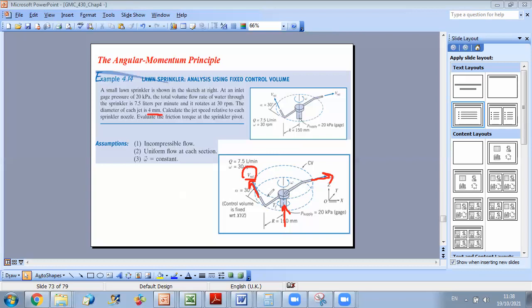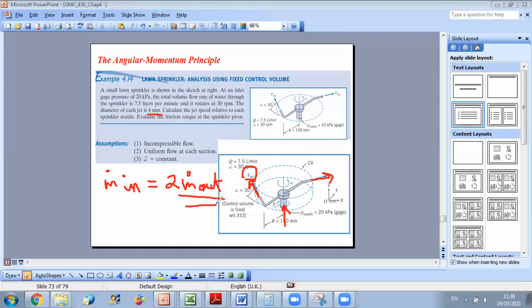Due to symmetry هون هينقسم الفلux ل two equal parts. Okay, so you can say that m dot in is equal to 2 times m dot out. m dot in عملنا لها calculation سوا. Okay, so we just have to calculate m dot out.